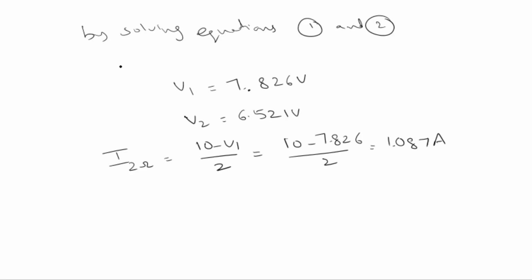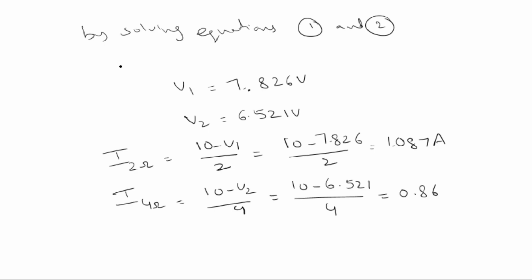The current through the 4 ohms is 10 minus V2 by 4, which is 10 minus 6.521 by 4, which gives 0.869 amperes.